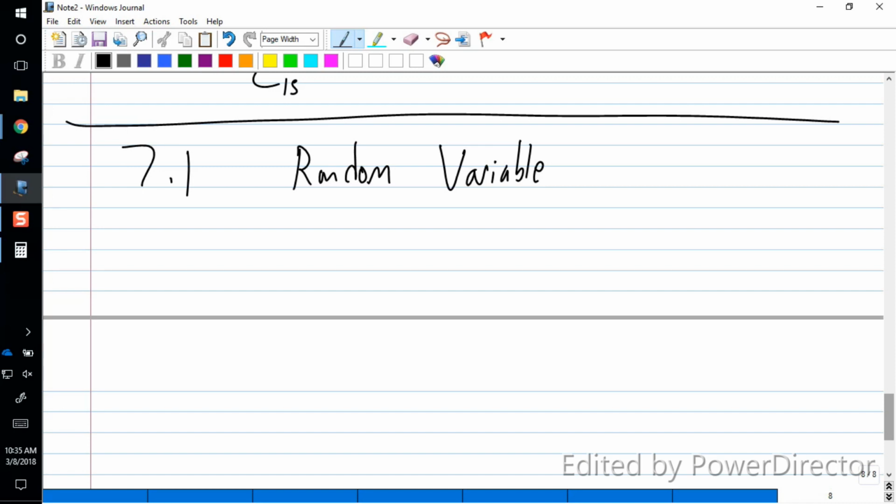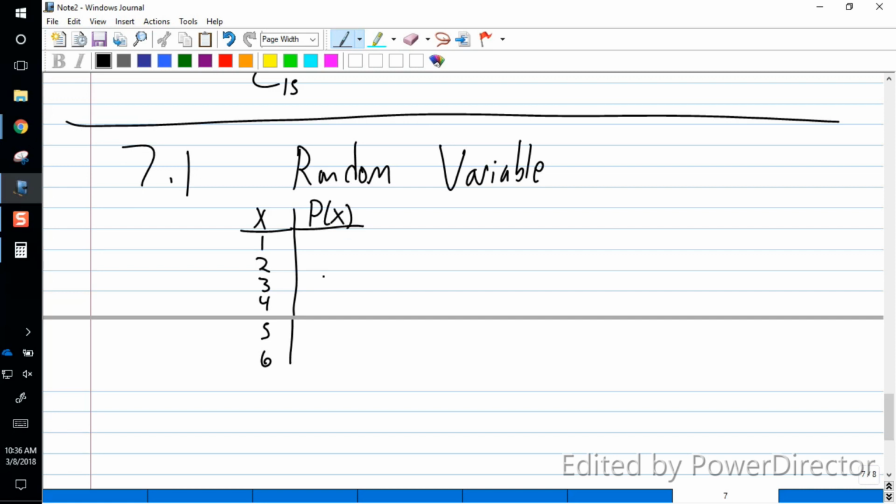So the outcomes, the sample space, 1, 2, 3, 4, 5, 6, that would be the different values of x, right? So if we were trying to describe this process, here are the possible outcomes. And then I could also extend this table to include the probability of getting x. So 1/6, 1/6, 1/6, 1/6, 1/6, and 1/6.